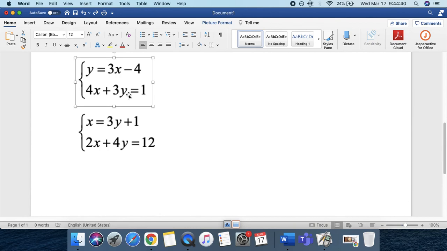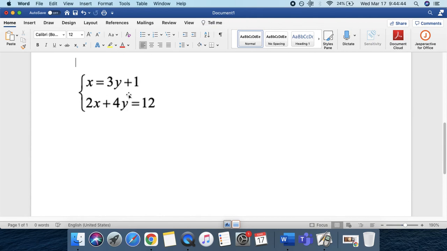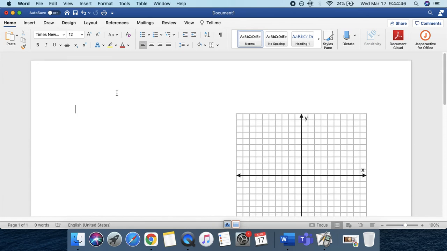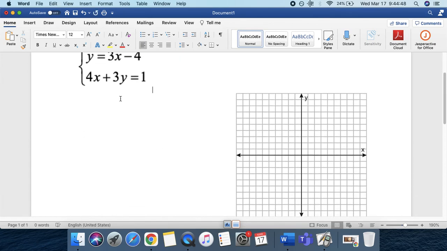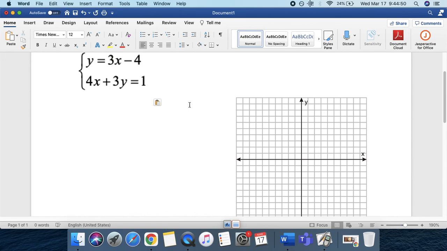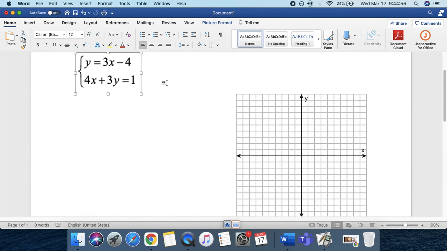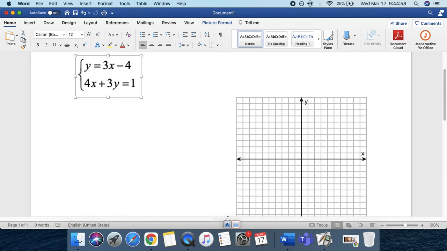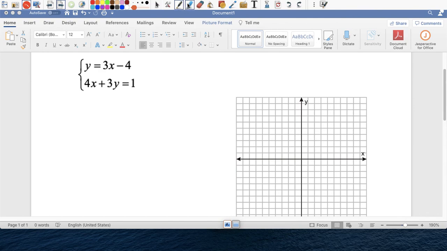So y, instead of being a constant, is an expression. Not a big deal. So we have still two equations, equation 1, equation 2.